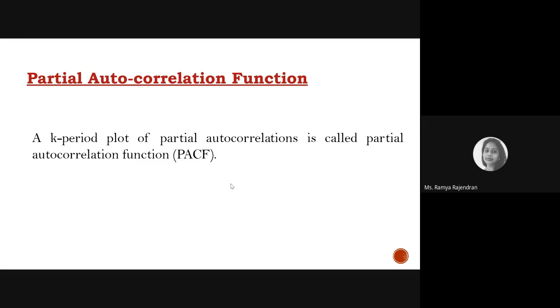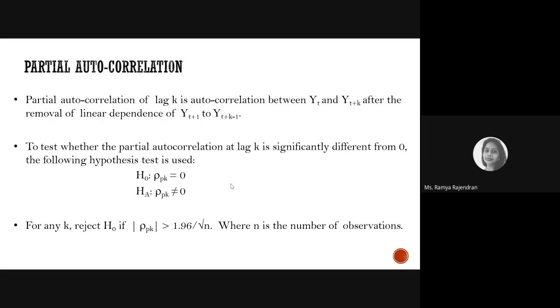The plot for this partial autocorrelation is called the partial autocorrelation function, or PACF. Partial autocorrelation of lag k is the autocorrelation between two variables after removal of their interdependence on the other variables in between. For example, say k is equal to 7.